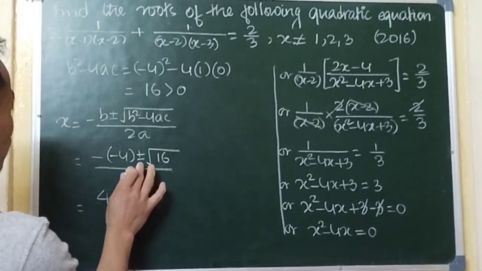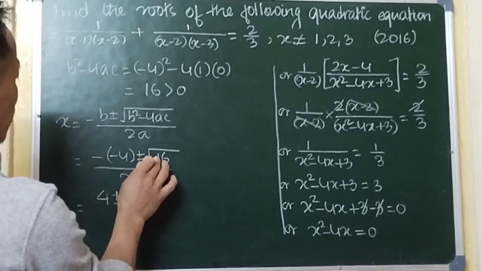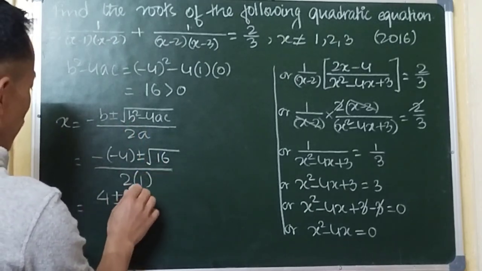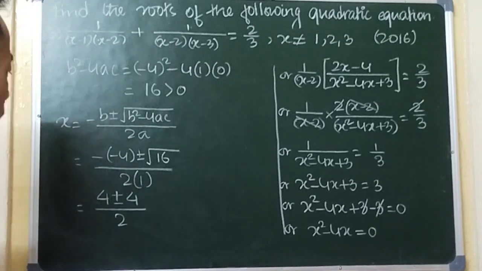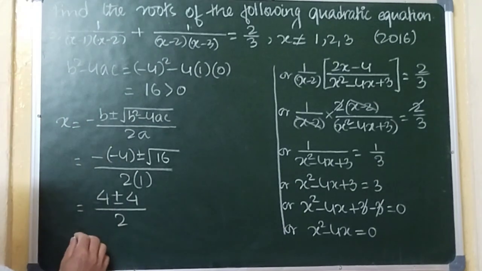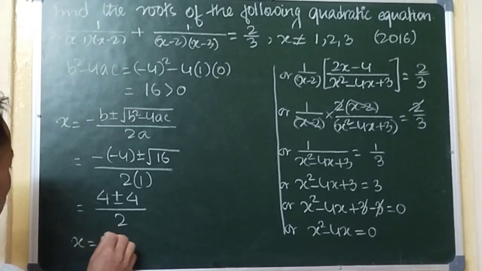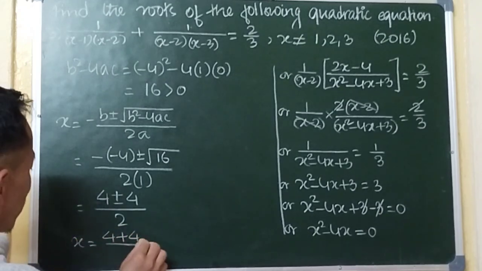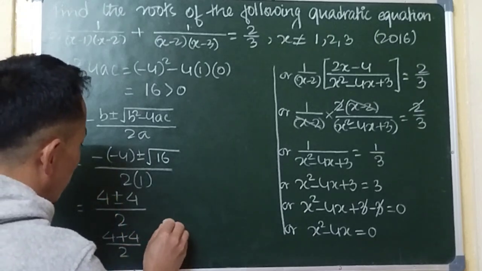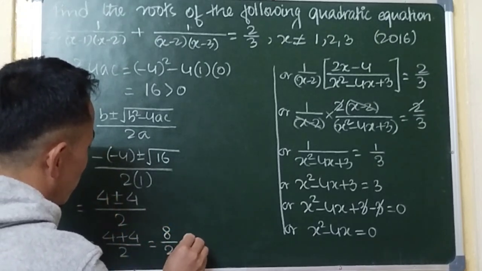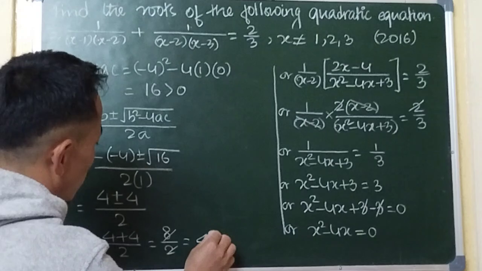So this becomes 4 plus minus, the square root of 16 becomes 4 itself, divided by 2. Now from here we can obtain the 2 values of x. So first one, x is equals to 4 plus 4 divided by 2, if you take the plus sign first. So 4 plus 4 becomes 8 divided by 2, this will give us 4.